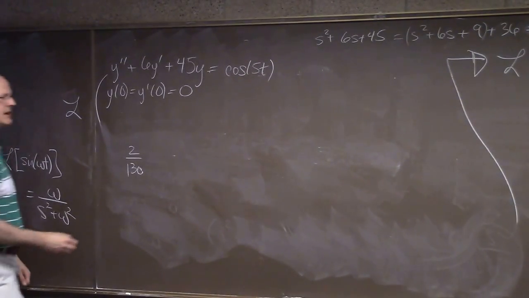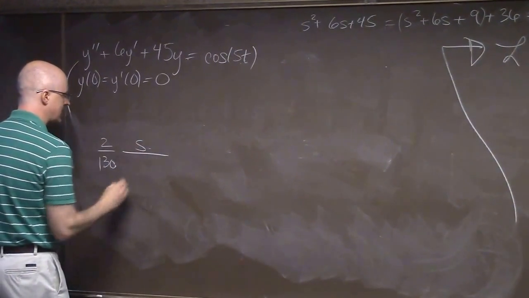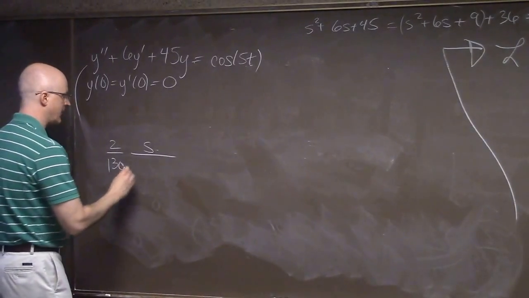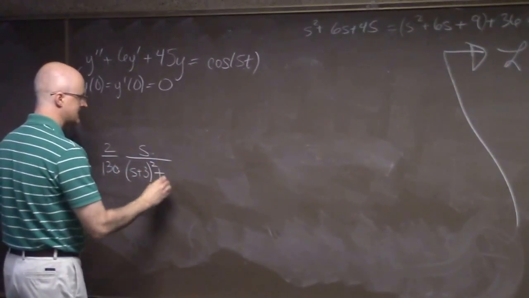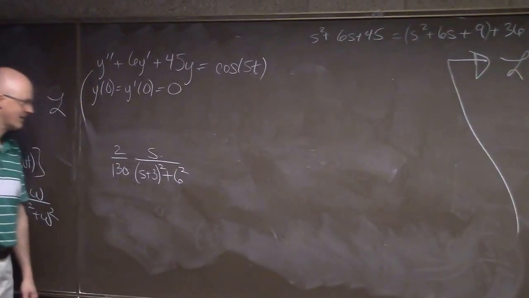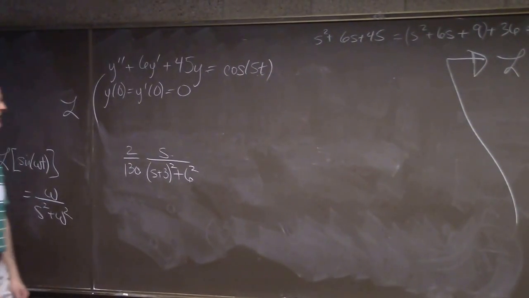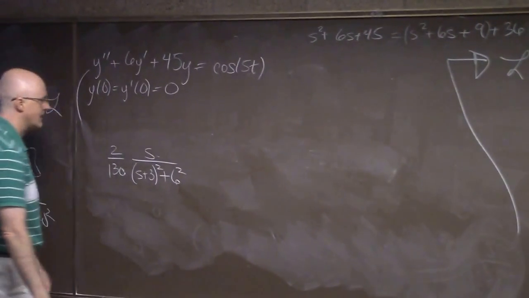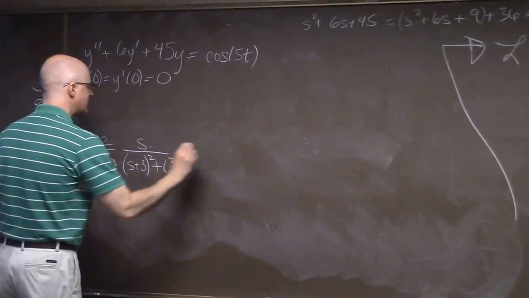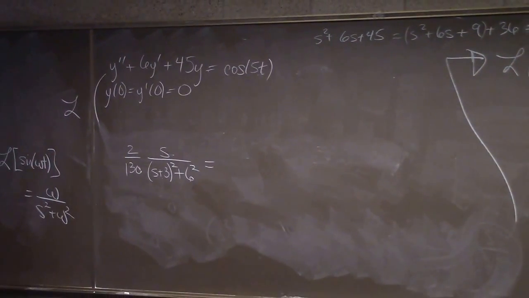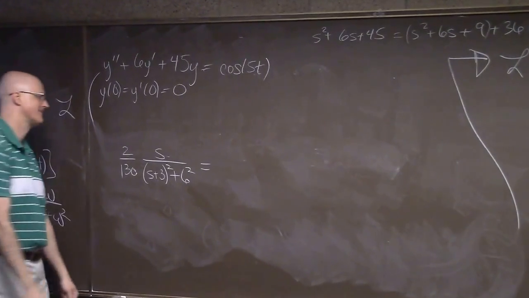2 over 130 times s over s squared plus 6s plus 45, which is s over s plus 3 squared plus 6 squared. It's going to turn out to be helpful to do a little trick there as well.